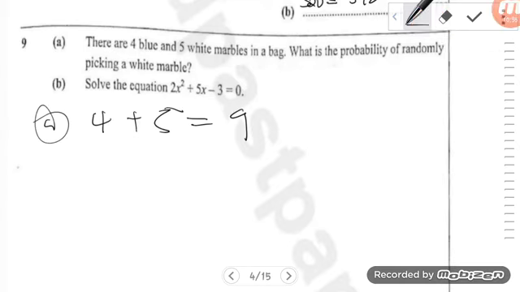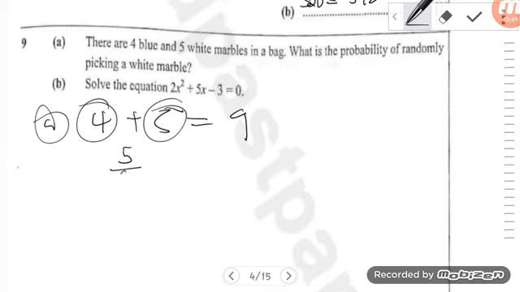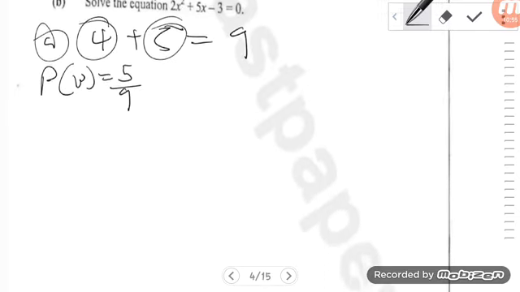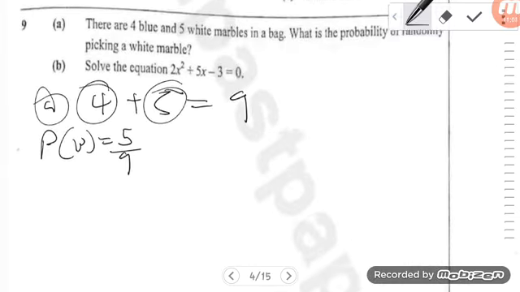That means we have 4 chances of picking a blue marble and 5 chances of picking a white marble. How many marbles do we have for white? There are 5. And what's the total? It's 9. So the probability of picking a white marble is 5 over 9.